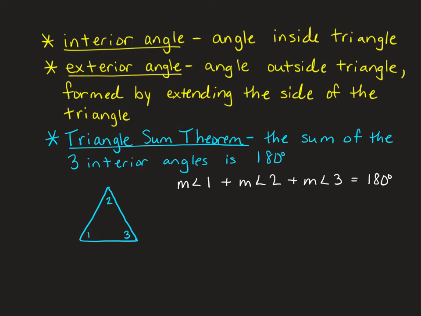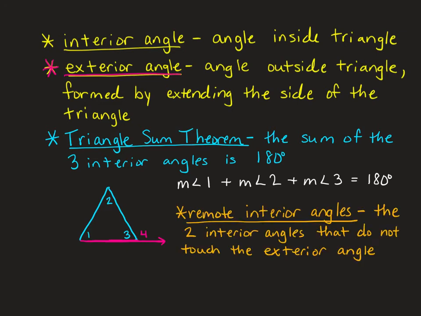Now we could extend this side of the triangle. Notice that it's just taking one existing side of the triangle and extending it out. And the angle formed there is called an exterior angle. That's what we have up here, an exterior angle. We've also got what are called remote interior angles.